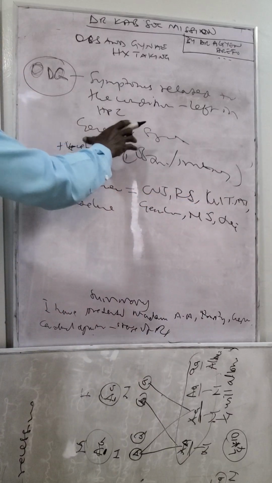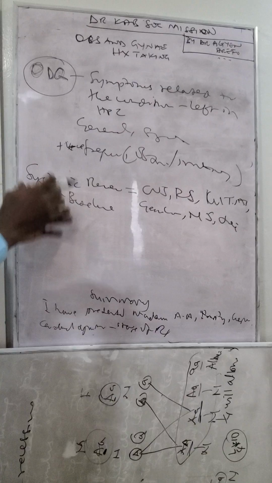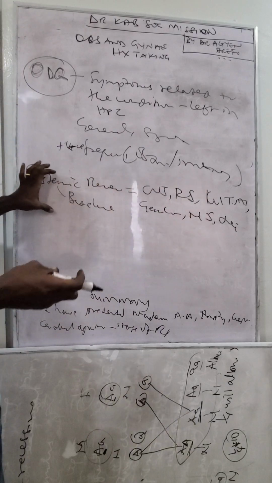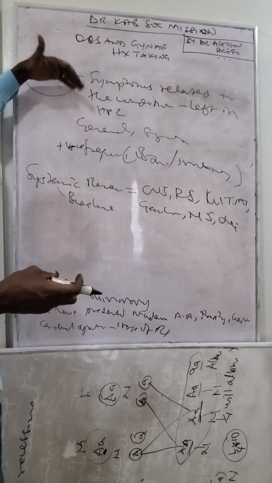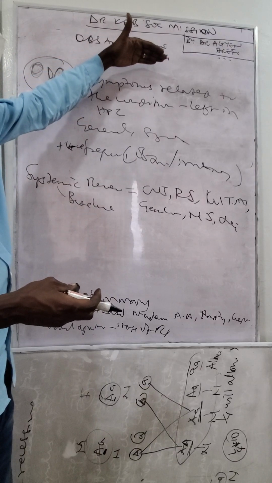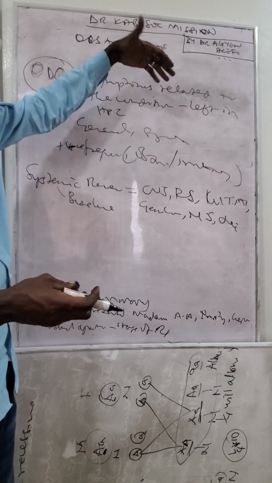And this is more like adding what you left in the HPC, in a simple context. So getting the baseline for all the systems with the systemic review, and then adding on with the direct question what probably you didn't capture in the HPC, because you can't capture everything under HPC, otherwise the history will be a little cumbersome.